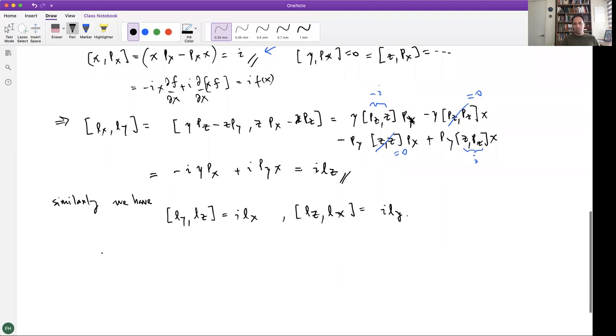Now, this has different physical meanings. So what's the meaning, let's say, of this? Okay, that the z component of angular momentum and the y component do not commute. So if they were to commute, then we would be able to determine both components simultaneously in an experiment.